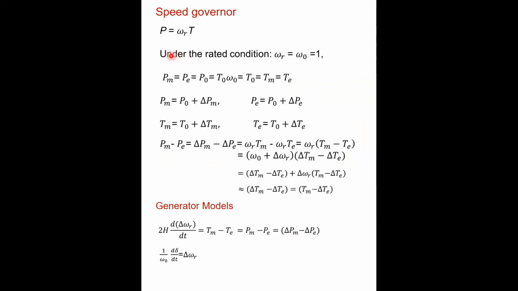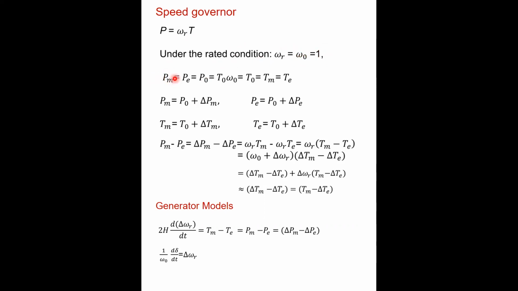So following this basic relationship between the power and the torque, that is how they are related in terms of rotary speed for the turbine generator side. When the system is at a steady state condition, and let's say you have a rated angular speed, so this is the rated speed, this is 1 per unit.